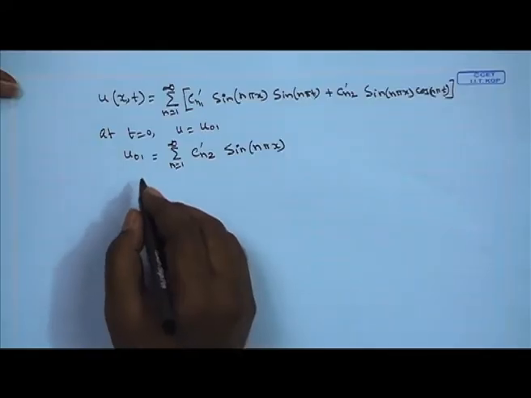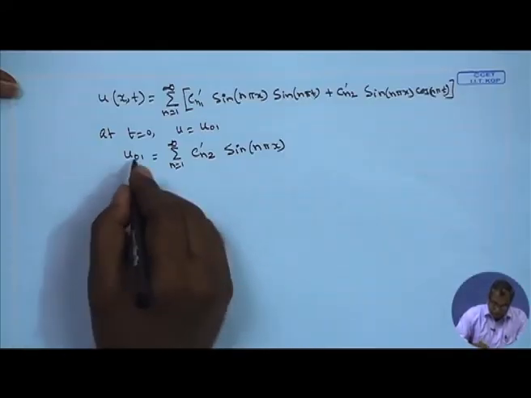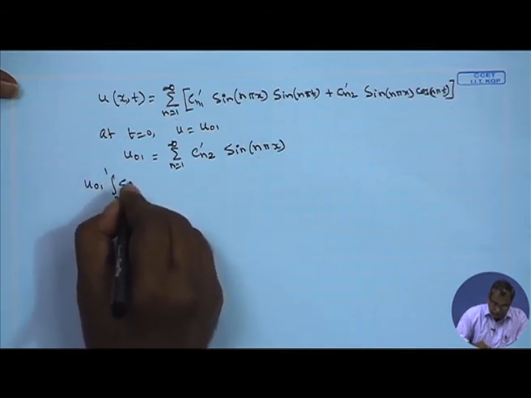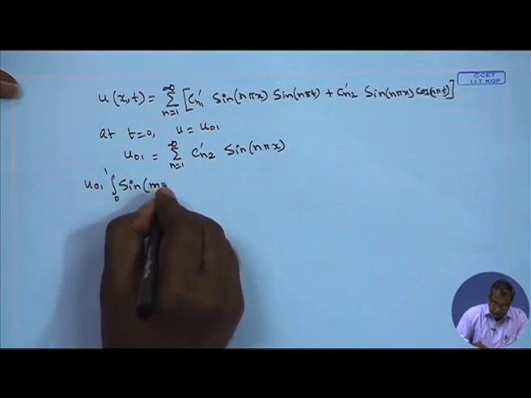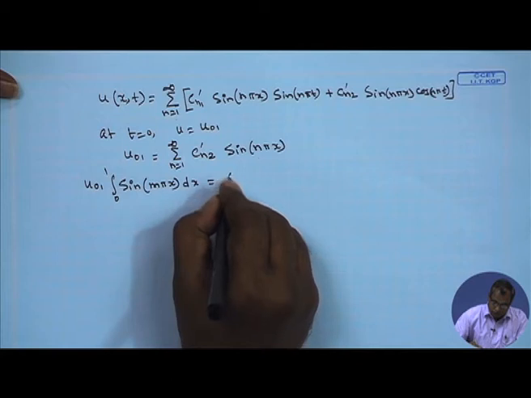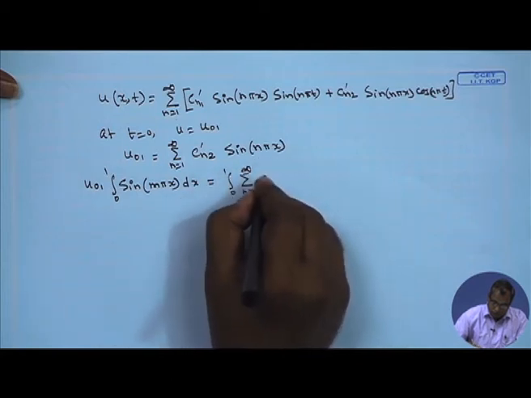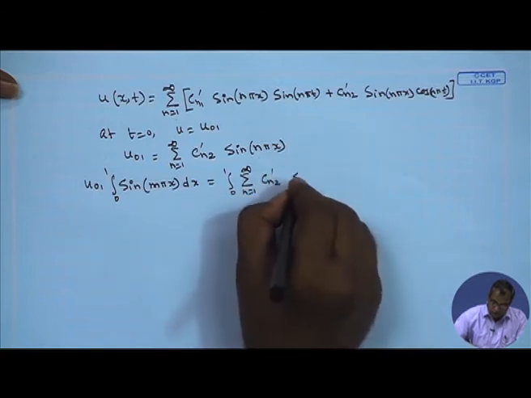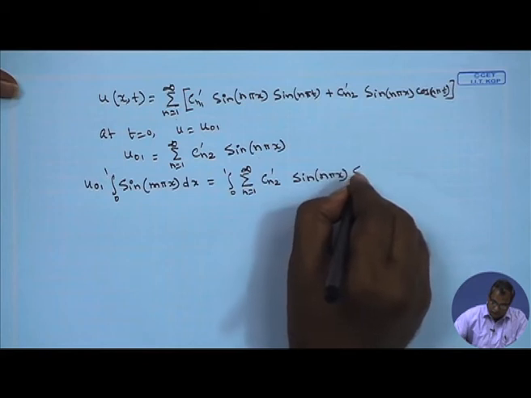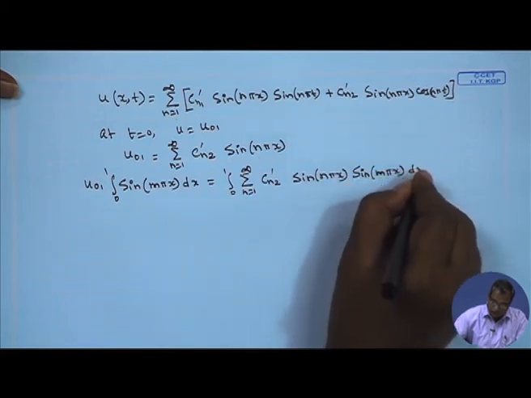If we do that, I will be multiplying both sides by sin m pi x dx, and u01 is constant, so it will be out. So, the integral from 0 to 1 of sin m pi x dx is equal to the integral from 0 to 1 of the summation n is equal to 1 to infinity Cn2 prime sin n pi x sin m pi x dx.